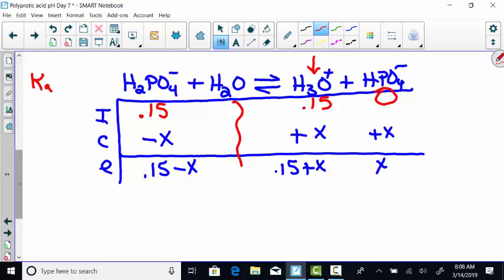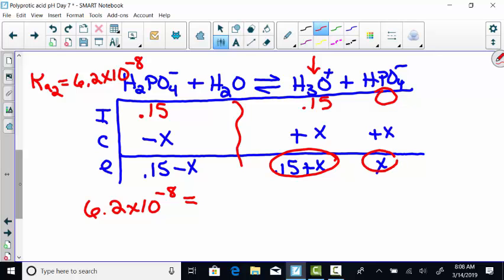The Ka2 is 6.2 times 10 to the minus 8th. It is still the concentrations of the products over the reactants, so I'm just going to write this right away, where my Ka, 6.2 times 10 to the minus 8th, equals this times this.